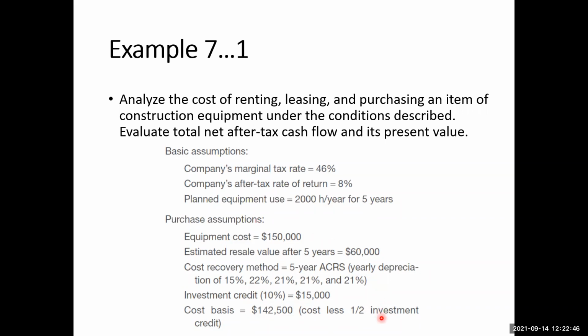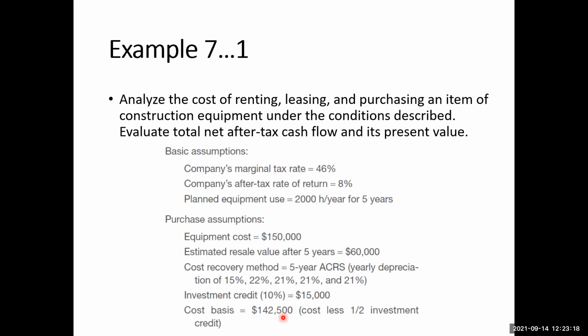So this is some sort of thumb rule, or maybe a condition for the depreciation. That means the government says that if you are using this investment credit, then you cannot use this $150,000 cost for the calculation of the depreciation. You will deduct half of this investment credit amount from that, and then $142,500 is the amount.